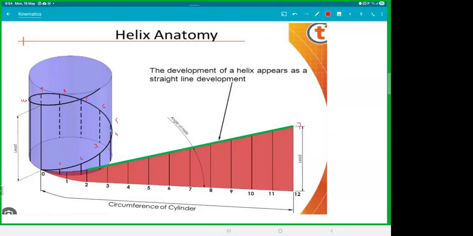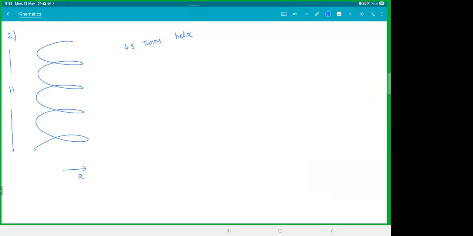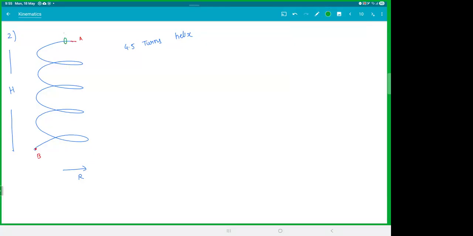Now I explained to you what is a helix. Now the question. The starting point is A and the ending point is B. So you left a small bead here, maybe a ring or something.